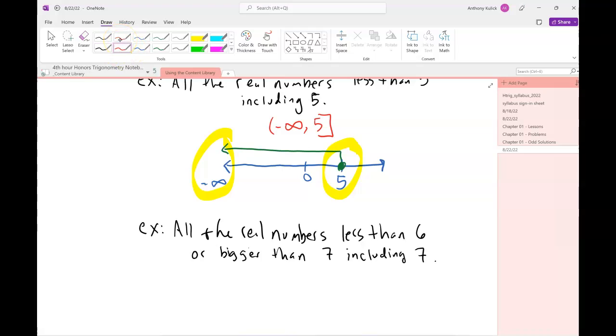So here we have all the real numbers that are less than 6 or bigger than 7, including 7. So maybe it's helpful to draw this.